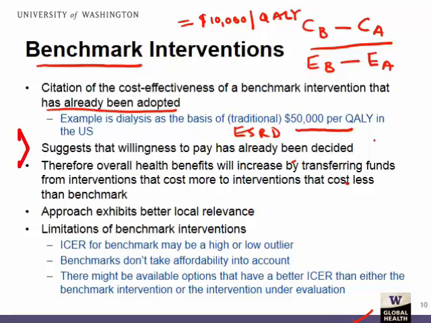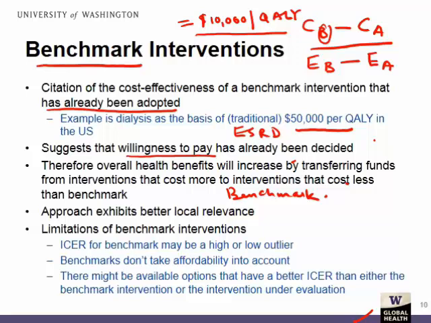So what it suggests is that this is the willingness to pay in this society for healthcare, for quality adjusted life year essentially. So anything that is below this benchmark is considered to be cost effective. So in this case up here, this 10,000, this intervention B would be considered cost effective based on this benchmark.